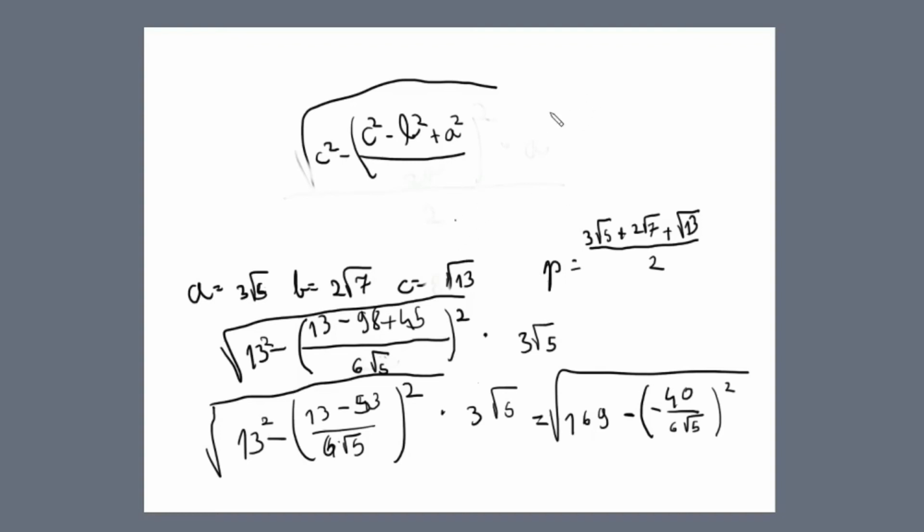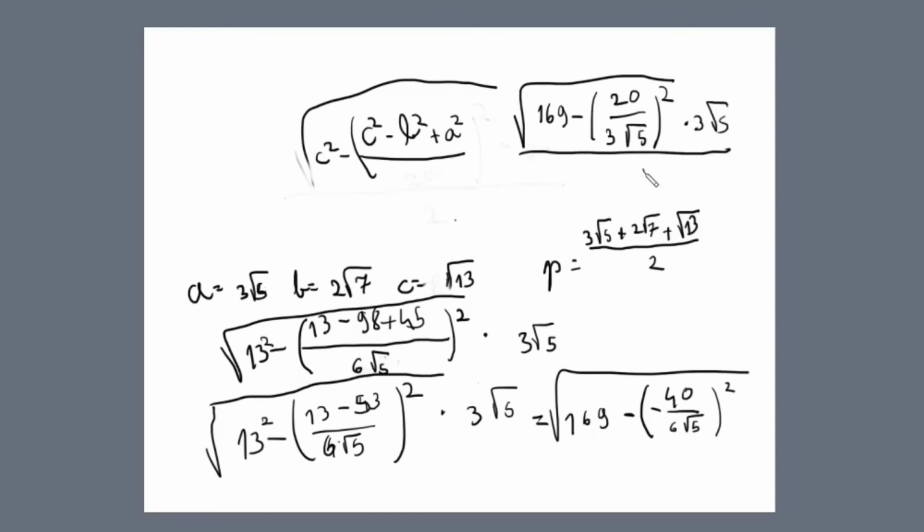So let's try this now. We're going to have 169 minus, I'm going to take out the minus because it's squared anyway. So I'm going to simplify this fraction by 2, and we're going to get 20 all over 3 square root of 5, everything squared, square root, multiplied by 3 radical 5, all over 2.